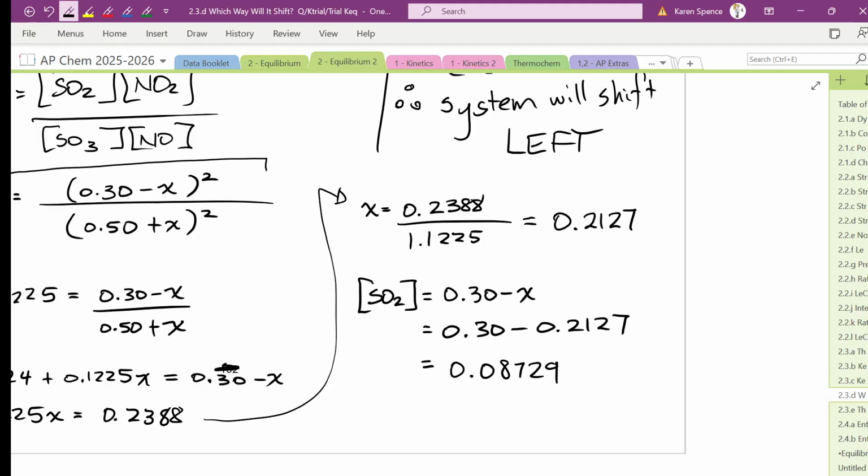And then what should we be asking ourselves at this point? We need to have molar, and we need to have sig figs. So is my correct answer 0.087, or is it 0.09?